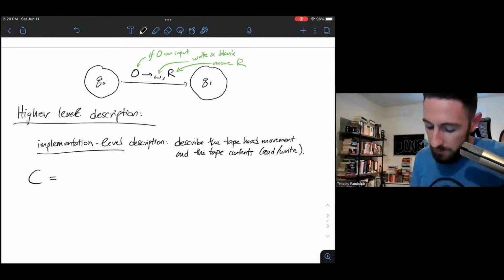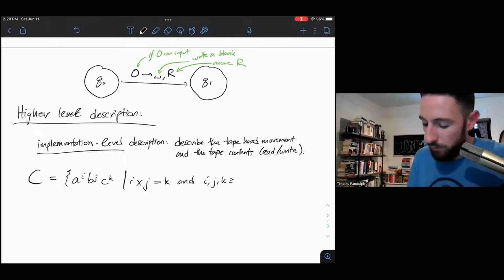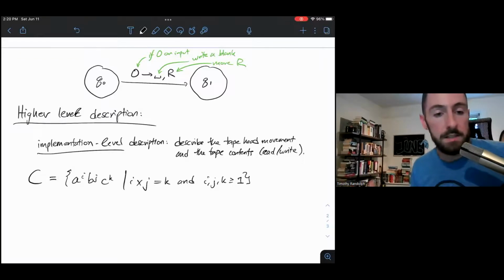So here is a Turing decidable language. C is the set of strings a^i b^j c^k such that i times j equals k, and i, j, k greater than or equal to 1. So this is a primitive way of representing correct multiplication problems on the positive integers.